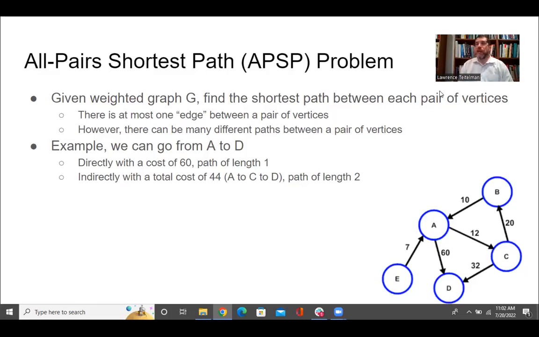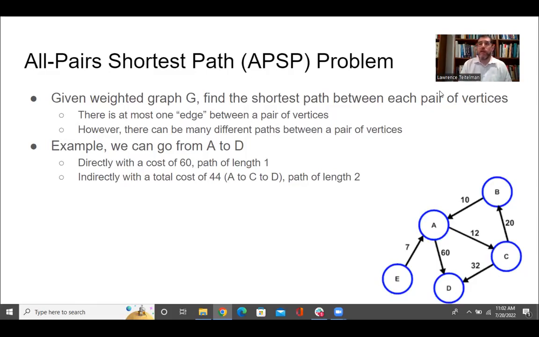On the surface, that sounds like it's going to be very expensive, right? Because there are a lot of possibilities. Even if I'm not allowed to repeat any vertices, I have n minus 1 possible intermediate vertices between 2 points, or n minus 2, because I don't repeat the endpoints.